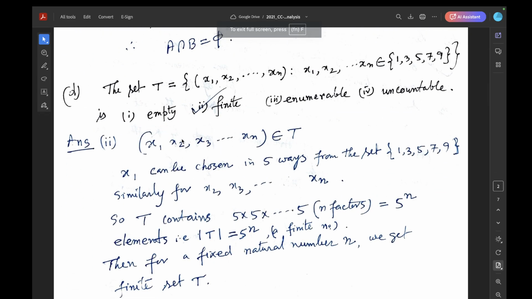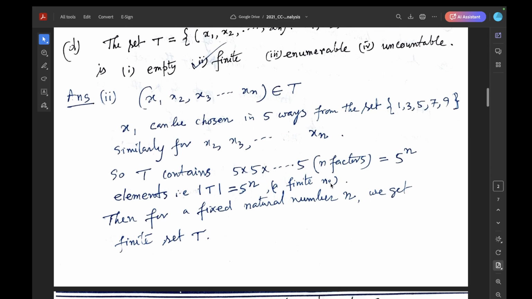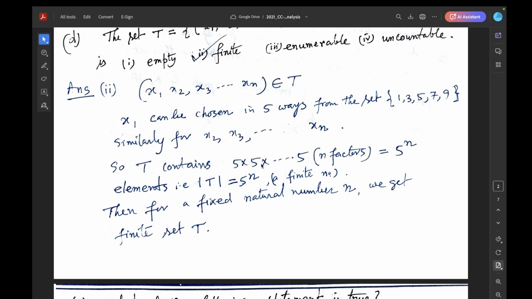Now this n-tuple (x1, x2, ..., xn) is an element of the set T. Then x1 can be chosen in 5 ways from the set 1, 3, 5, 7 and 9. Similarly, we can choose x2, x3, ..., xn in 5 ways, so T contains 5 into 5 into 5 into 5, n factors, that is 5 to the power n elements.